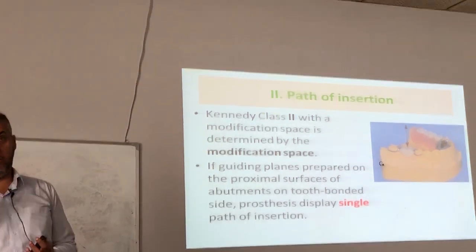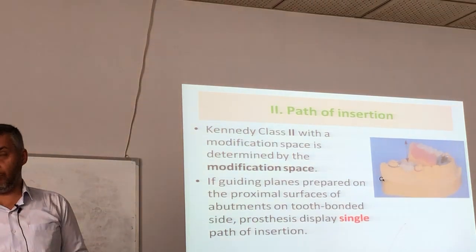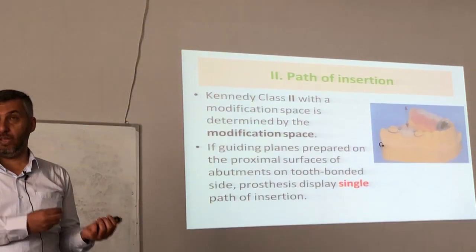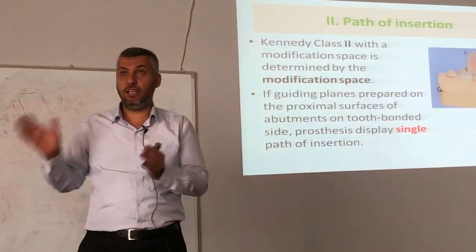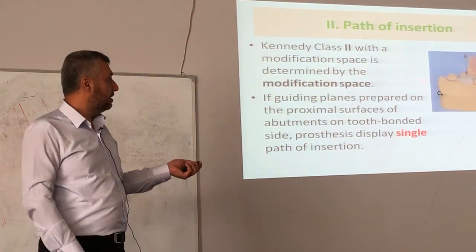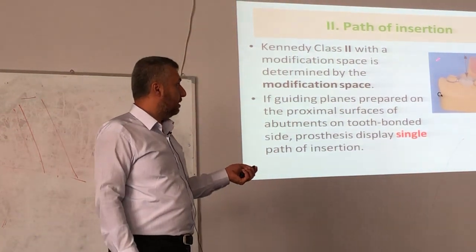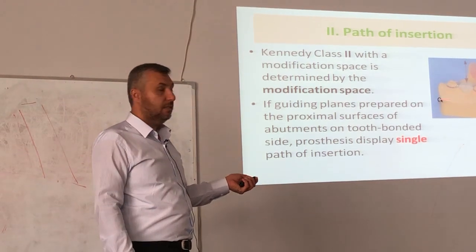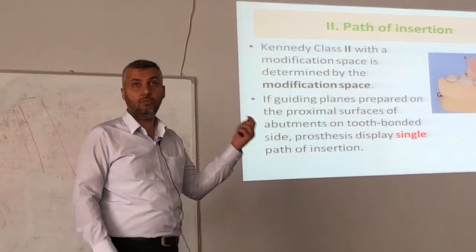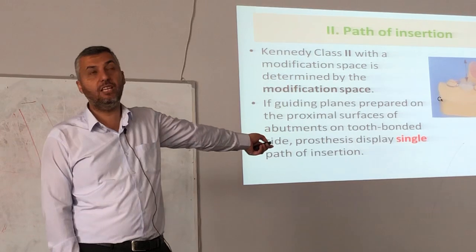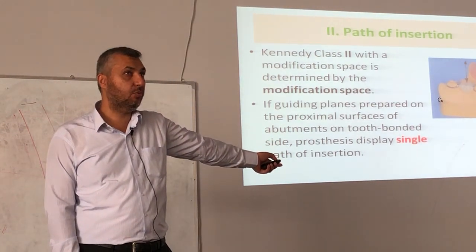If you make one easier, it is easier than making two. If you manage two, the third is easier. If this side is inserted easily, that side is already inserted easily because it has only one proximal surface, one guiding plane.